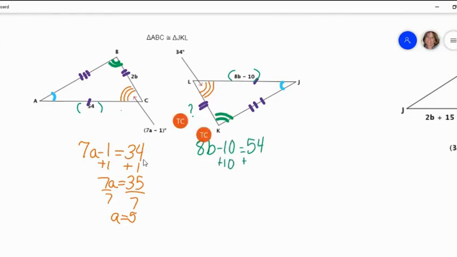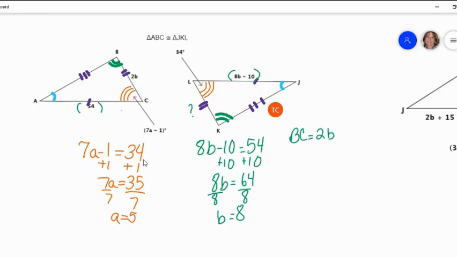Add 10. At least these are all coming out pretty nice, and I can handle these numbers. 64 divided by 8. Beautiful. All right, so that makes it pretty easy, so that if we needed to find BC, which is 2B, we could just simply do 2 times 8, which is 16.